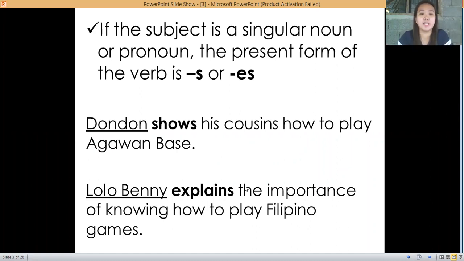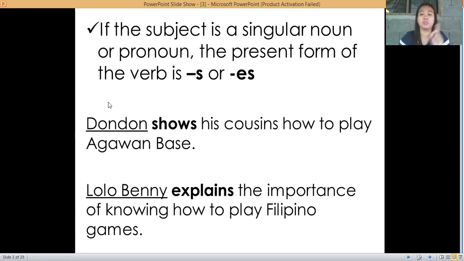The first one is, if the subject is a singular noun or pronoun, the present form of the verb is S or ES. So if it is singular, it means it's only one person, one thing, one animal. So if it is only one noun or pronoun, the present form of the verb is S or ES.